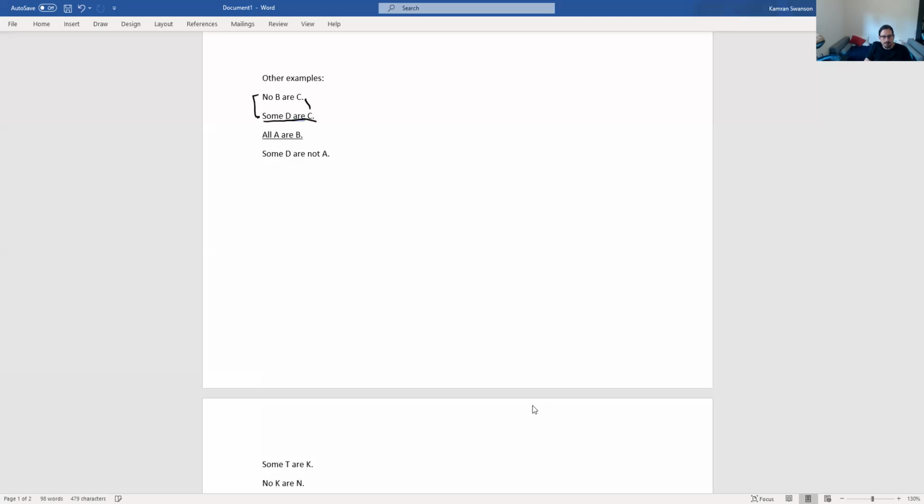We also know that this cannot be the conclusion because we have a new term here, A, which is not up here. So let's put these over to the side. No B are C, and some D are C. And let's ask, is there a valid conclusion that comes out of this?